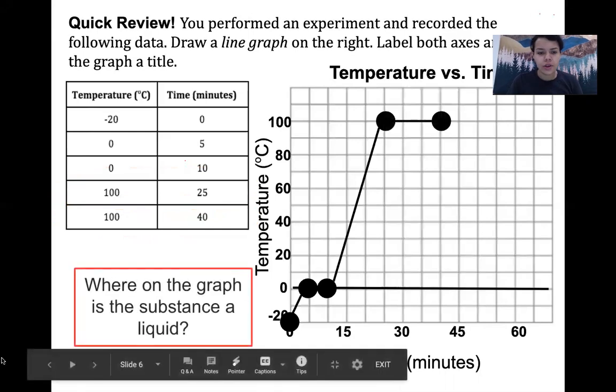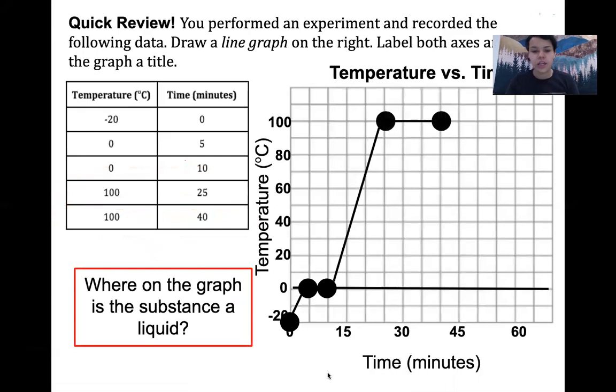All right, so where on the graph is the substance liquid? So remember, our first diagonal is solid. This part right here is a solid.